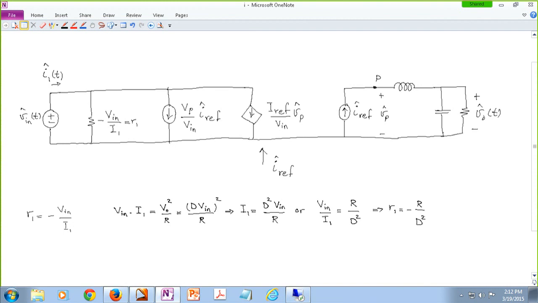All right. So that is our first simplification. The other thing is we have Vp over here, which is the pole voltage under DC circumstances, over Vn, the DC value of the input voltage. So let's see if we can simplify this one.